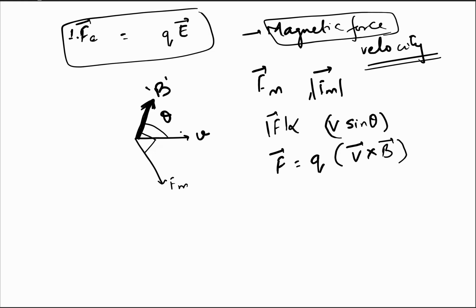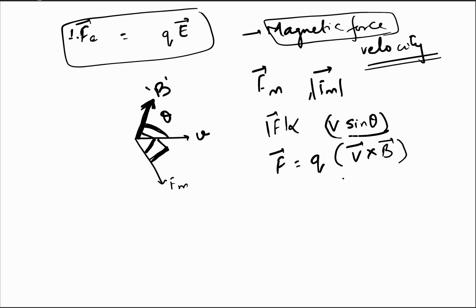That is, this force is perpendicular to the velocity, and also perpendicular to the magnetic field, and its magnitude is proportional to the component of the velocity which is perpendicular to B, that is v sine theta.